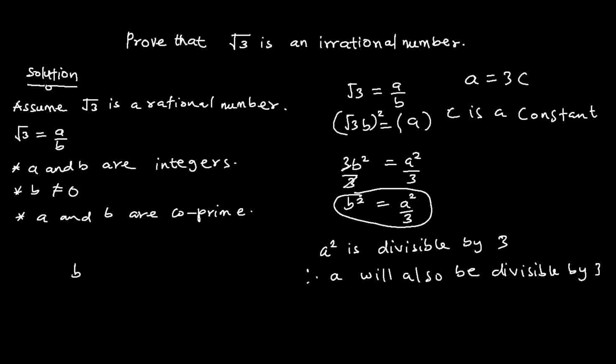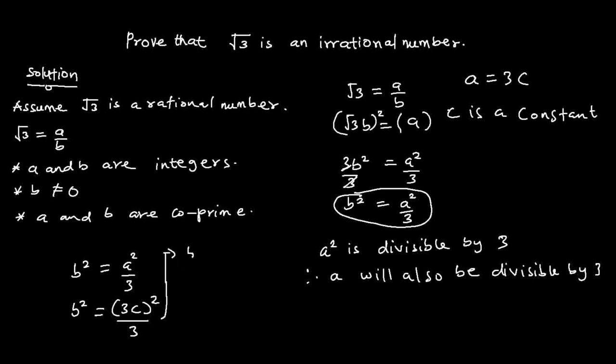So I'll take b squared to be equal to a squared divided by 3. But we know a to be equal to 3c. So therefore we will have b squared equal to 3c squared divided by 3.